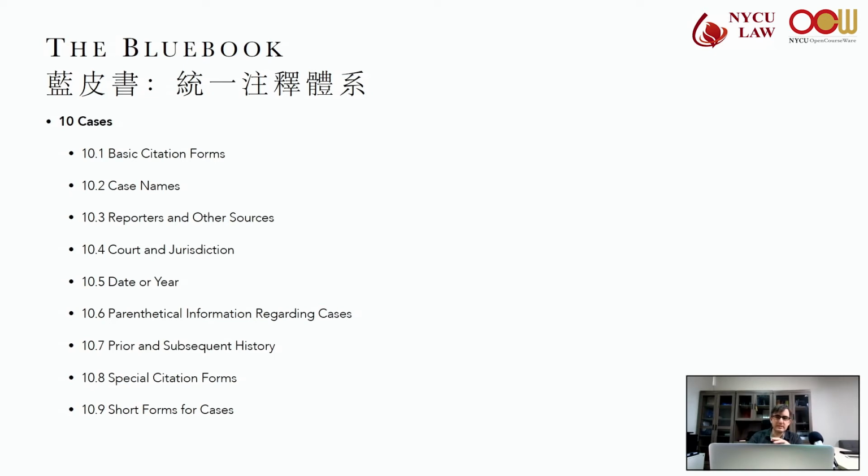Now, this 10.3.3 public domain format, when you're citing a decision in this public domain format, you basically still want to provide the case name, the year of decision, and the state's 2-character postal code, and you can find this in Table 7.